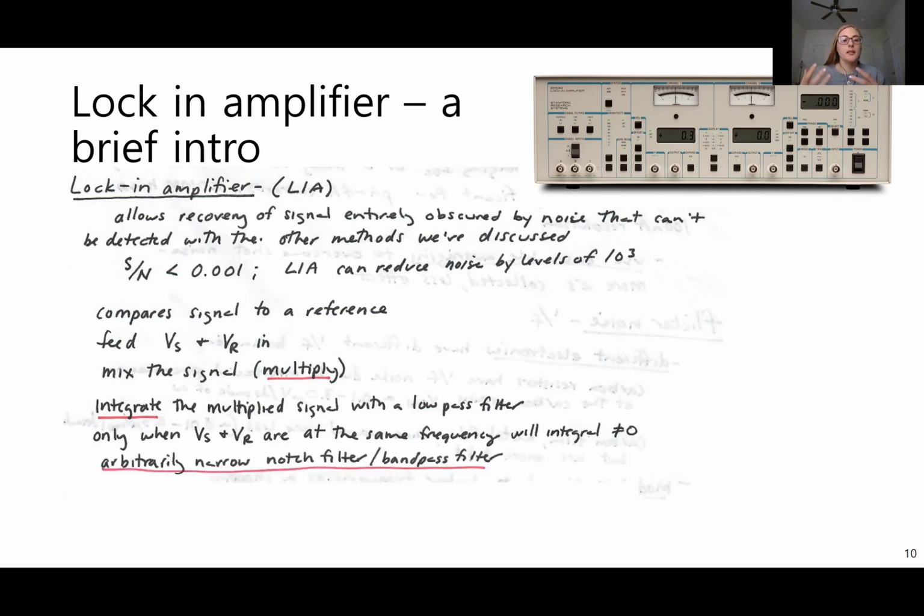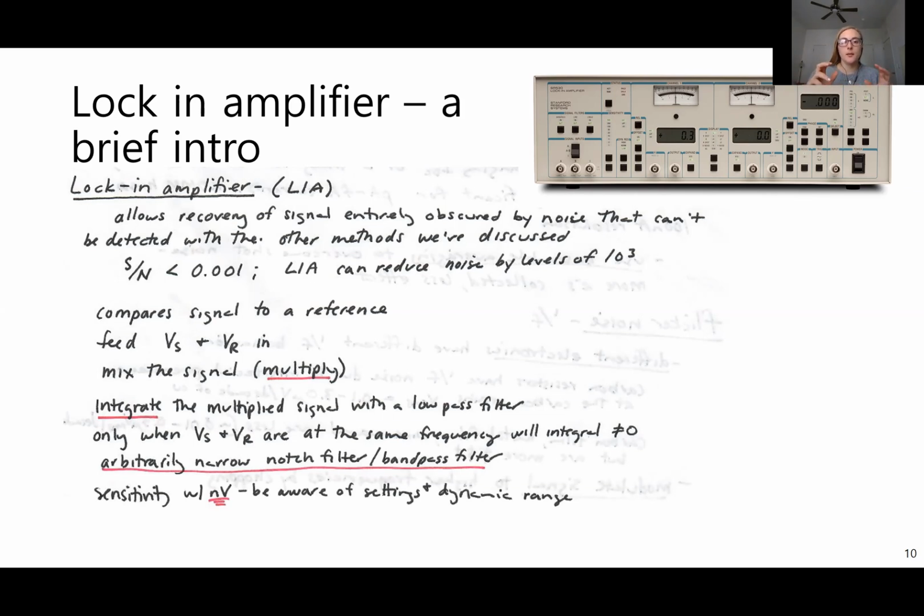So a way to describe a lock-in amplifier is as an arbitrarily narrow bandpass filter right at the same frequency where you'll see your signal and your reference voltages locked into each other. That's why it's called a lock-in amplifier, because you'll actually see a signal taking place there. It has very high sensitivity, in nanovolts.